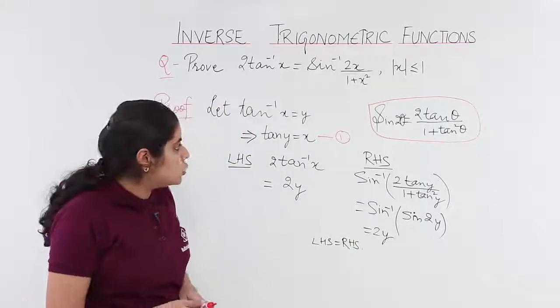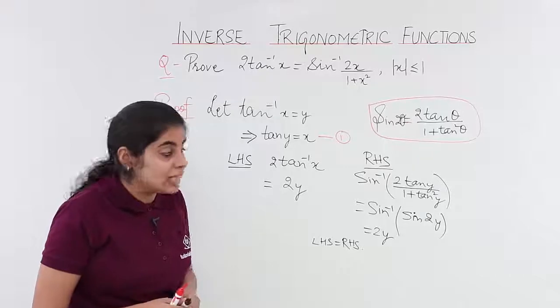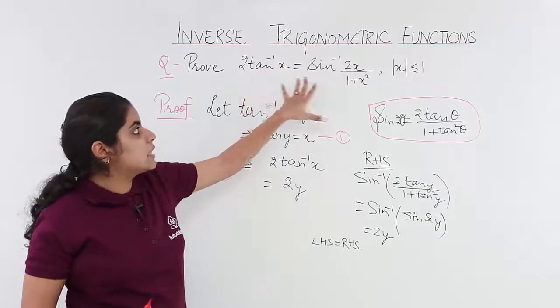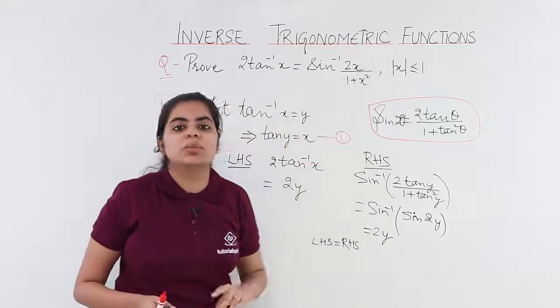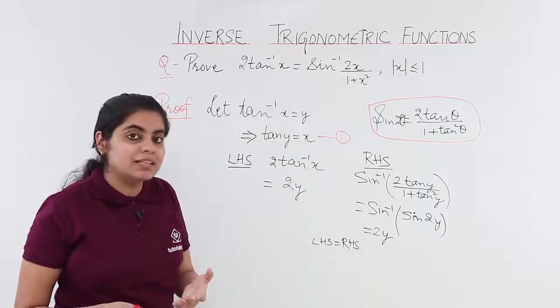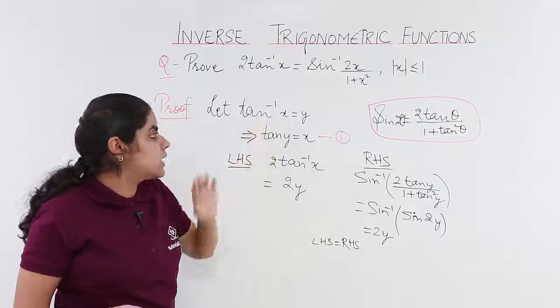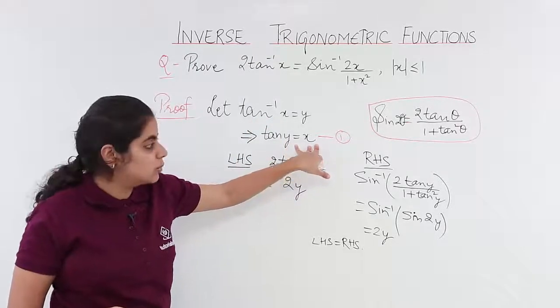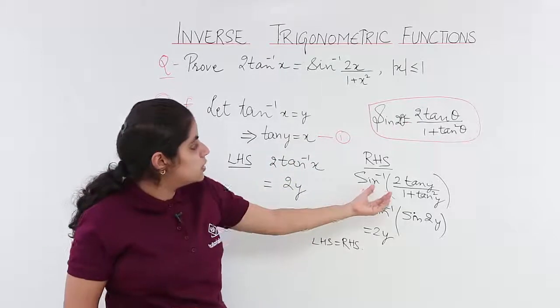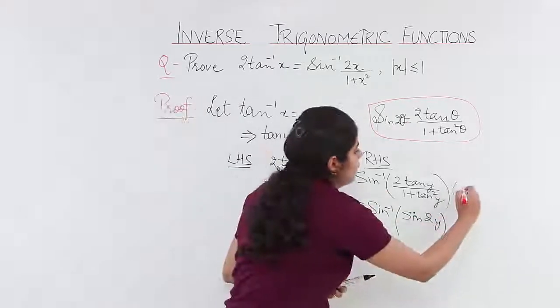So we saw 2-3 important things. One, that 2 tan inverse x is equal to sine inverse 2x upon 1 plus x square, wherein mod x is less than or equal to 1, can be proved by assuming that tan inverse x is equal to y. From here we obtain x is equal to tan y. This is equation number 1, and we substituted the value from 1.